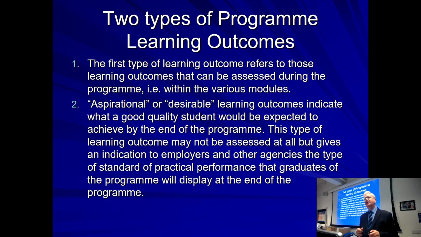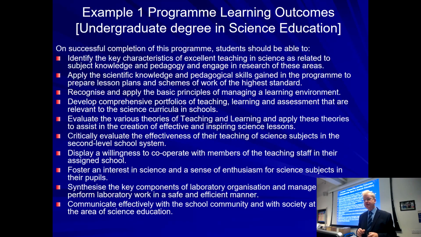The second type of programme learning outcome is often referred to as an aspirational or a desirable learning outcome. This learning outcome may or may not be assessed. It may not be capable of being assessed until after the students have actually graduated from the programme. I'll give you some examples of these in a moment to illustrate what we mean.